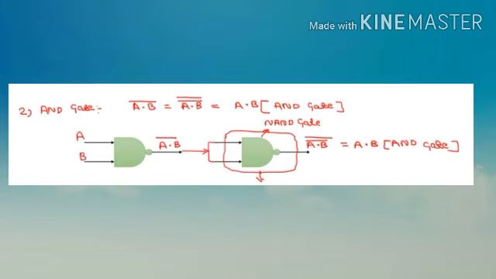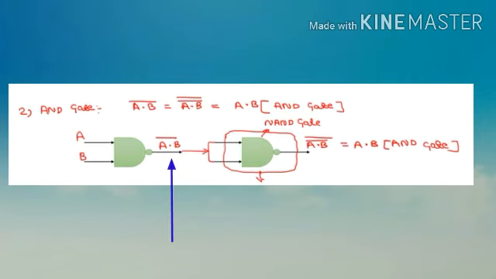So here first we have to draw the diagram of NAND gate, and after this NAND gate we have to add NOT gate, built using NAND gate. So after the NAND gate we add NOT gate to get AND gate. As we know, the Boolean equation of NAND gate is (A dot B) bar.